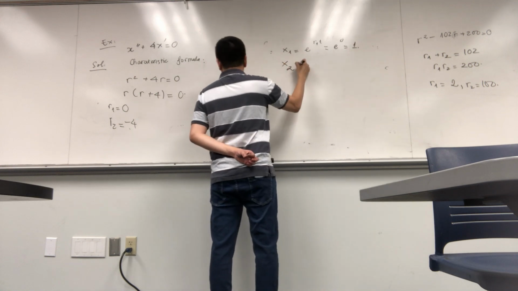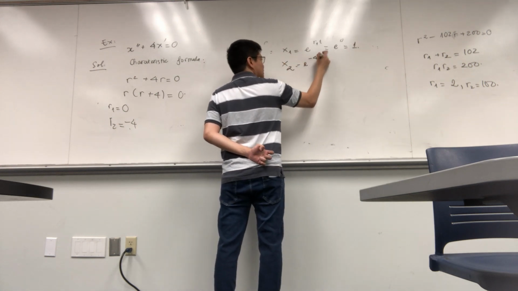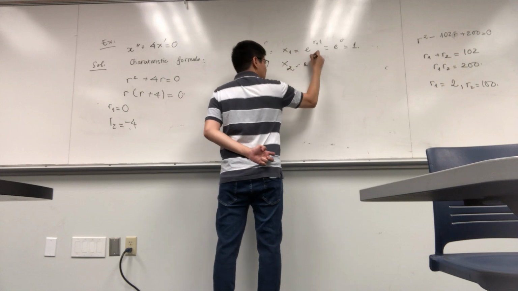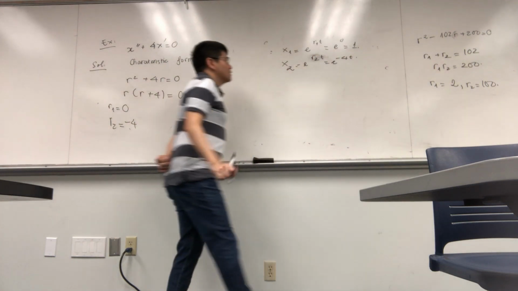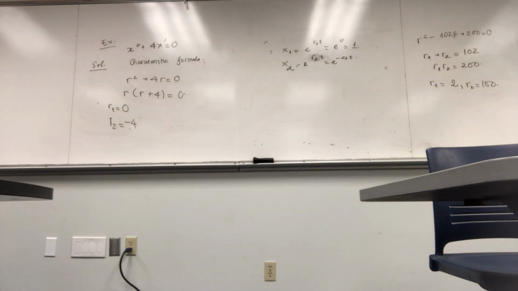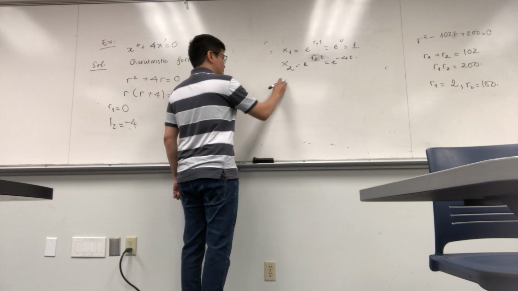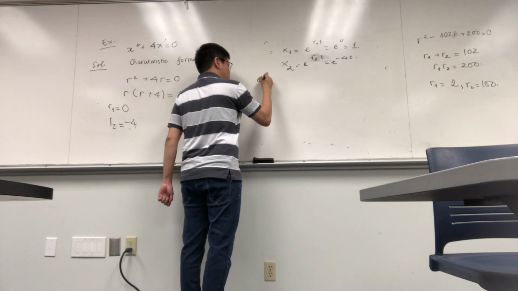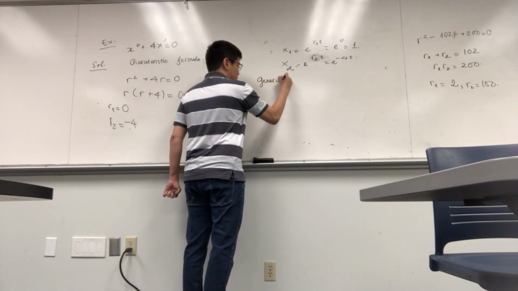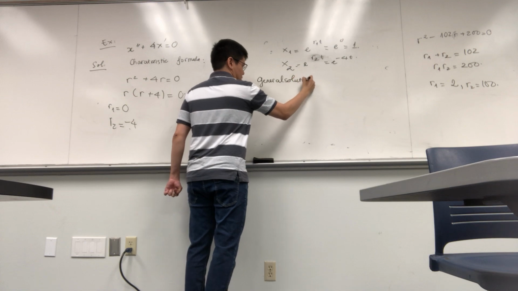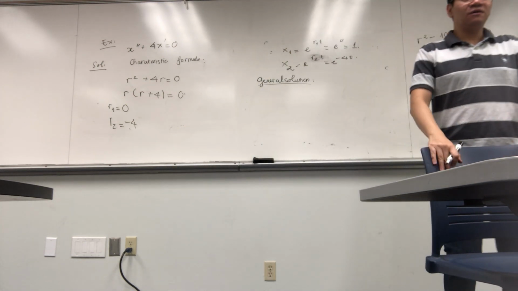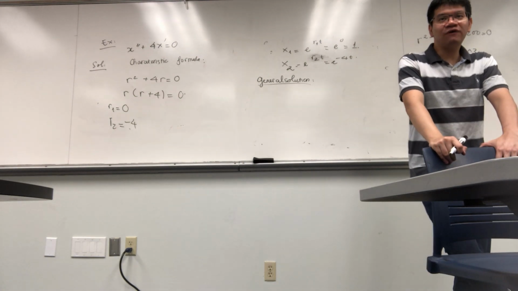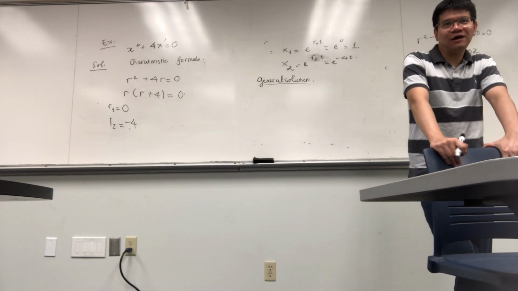The second solution will be e to the r2t, and this is e to the power minus 4t. Now, I have another question: the general solution. I found two solutions, but I want to find a more general form of solution. How can I write it?